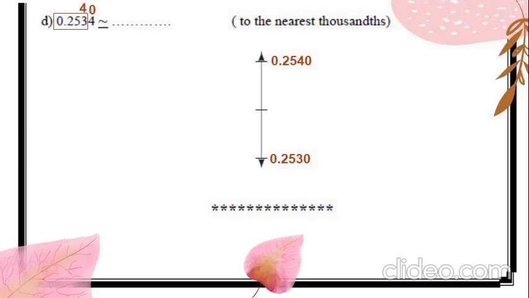Look at the smaller number. Here, in the smaller number, change the first 0 after 3 to 5, like this. So the midpoint is 0.2535. Now search where the original number is. The original number is located down to the midpoint.